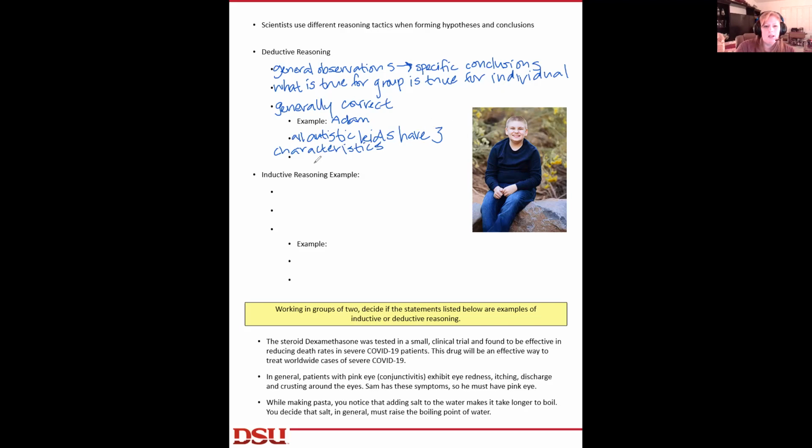Okay, so all autistic kids have these 3 characteristics. Adam has these characteristics. Therefore, Adam is autistic.